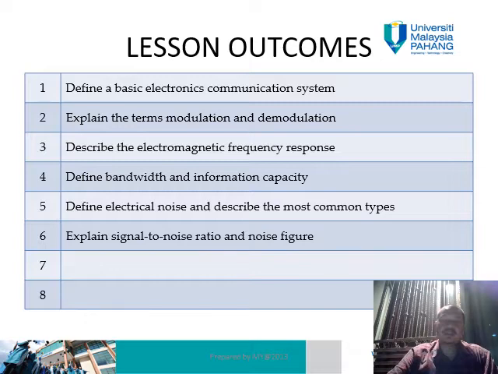The outcome of this chapter, basically at the end of this chapter, the student should be able to define basic electronic communication systems, then explain terms of modulation and demodulation, describe briefly the electromagnetic frequency response, define the bandwidth and information capacity of a signal, define the electronic noise, and describe the most common types in communication.